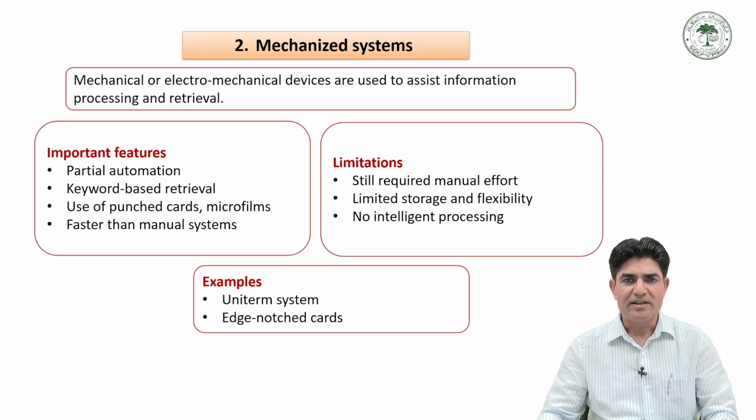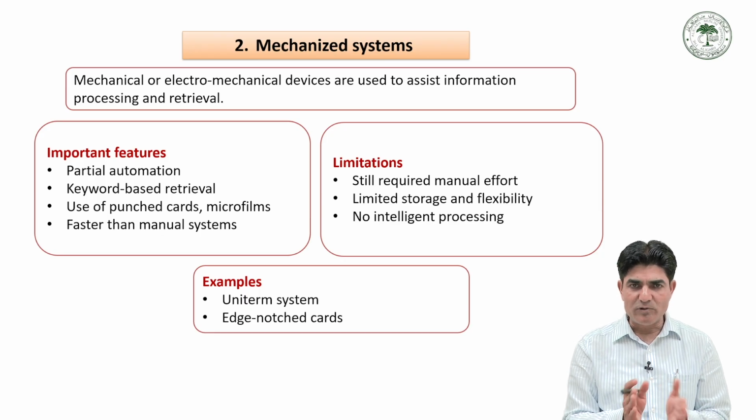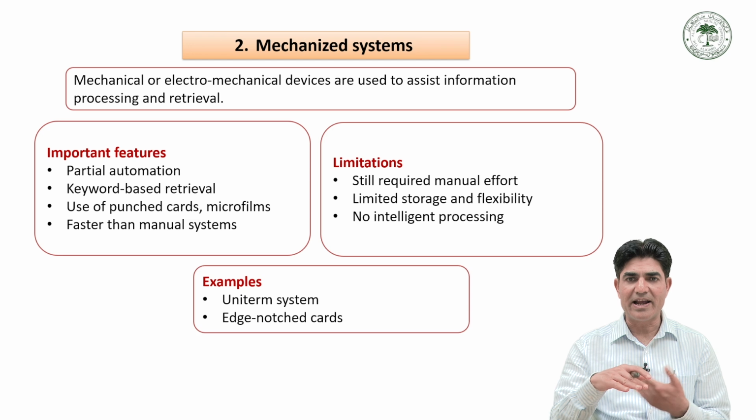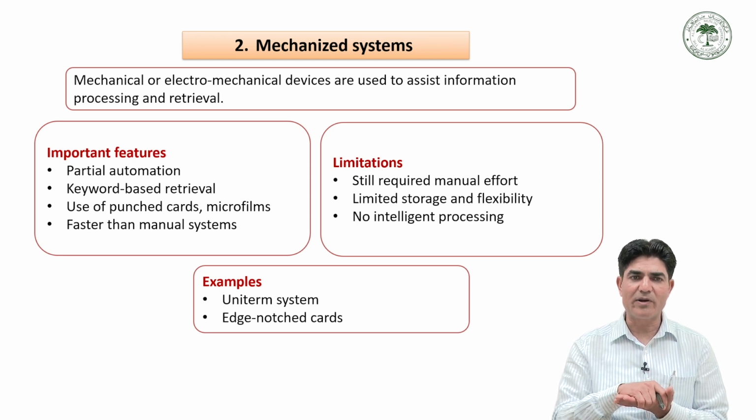Now, the manual information retrieval system was replaced by the mechanized information retrieval system, which uses mechanical or electromechanical devices to assist information processing and retrieval.